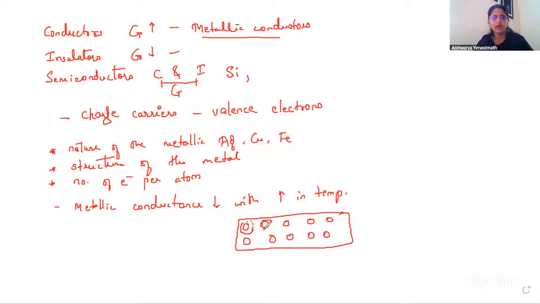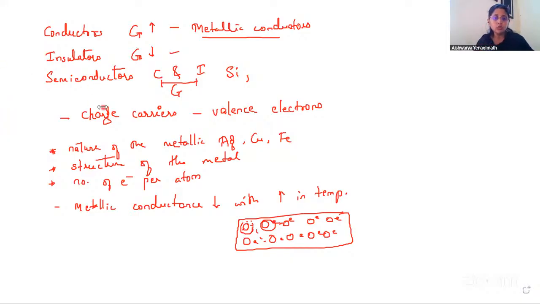Since they are less tightly held by the nucleus, they will be moving, let me say like this. So the flow of electrons will be like this. Think of the valence electrons and their movement.